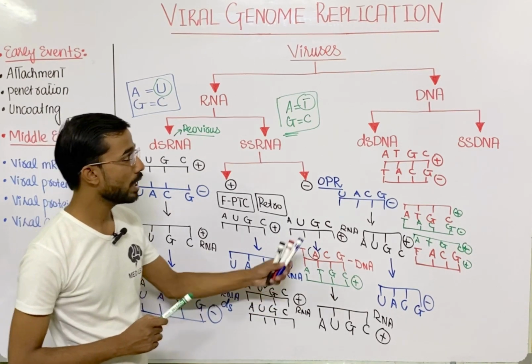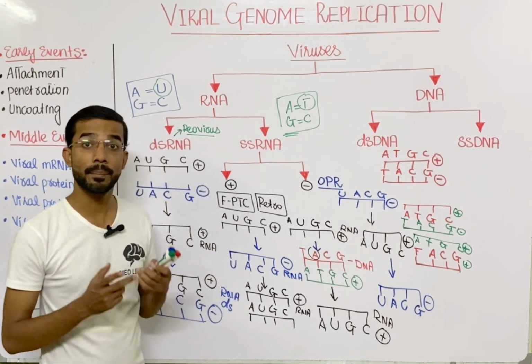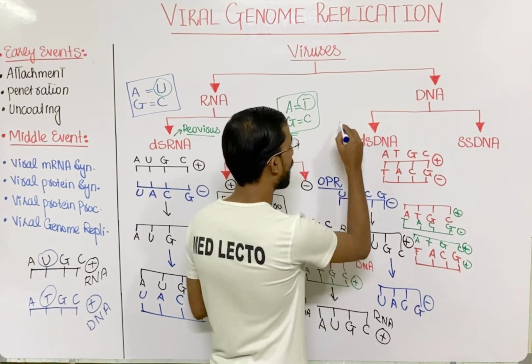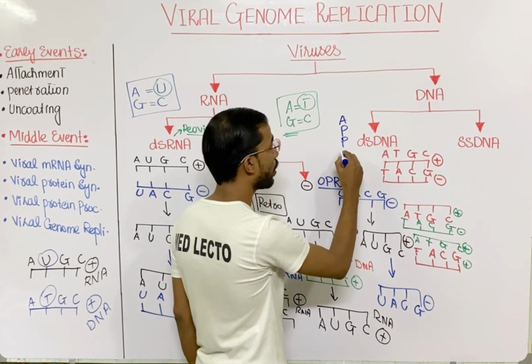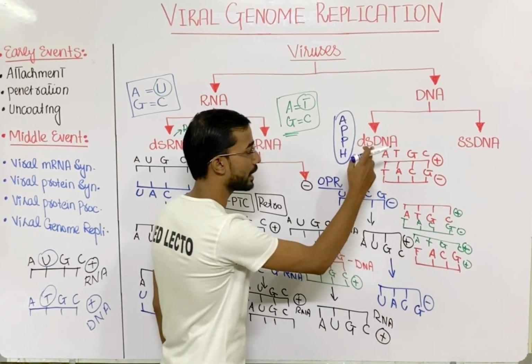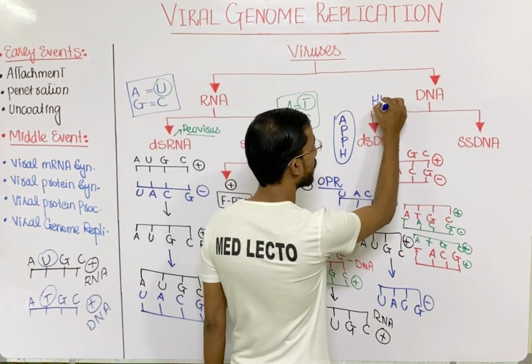But there is an exception in case of hepatitis B. Here are basically different viruses like the adenovirus, papovavirus, pox virus, and herpes virus. These viruses replicate through this method. But there is an exception in case of hepatitis B virus.